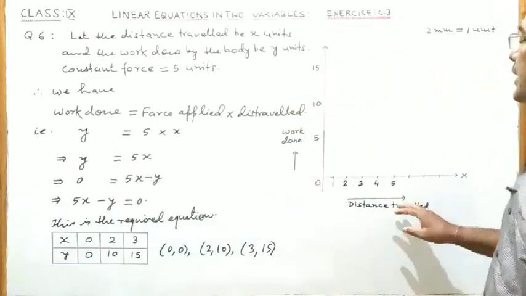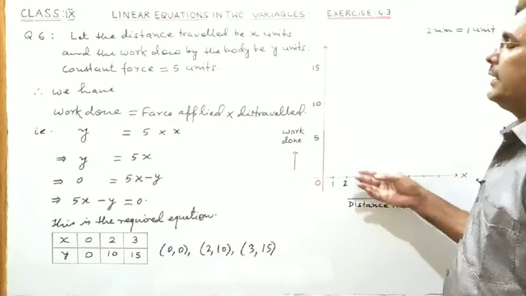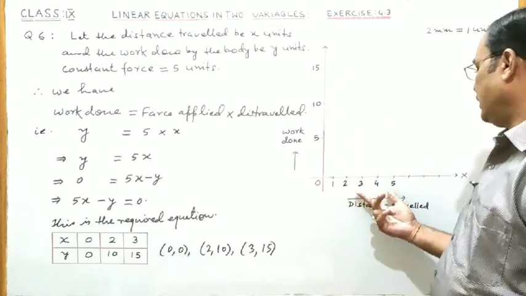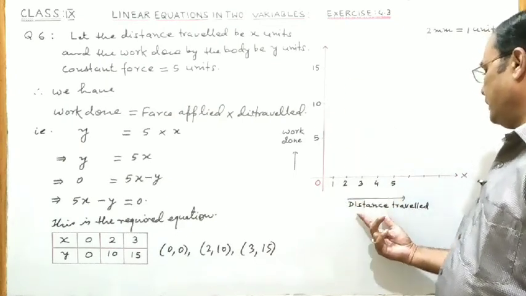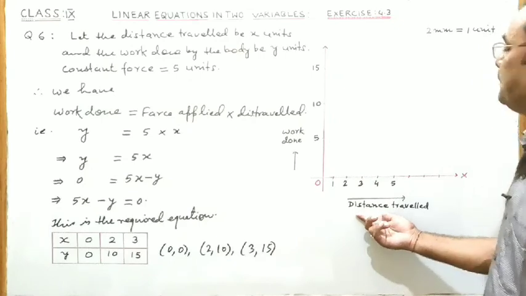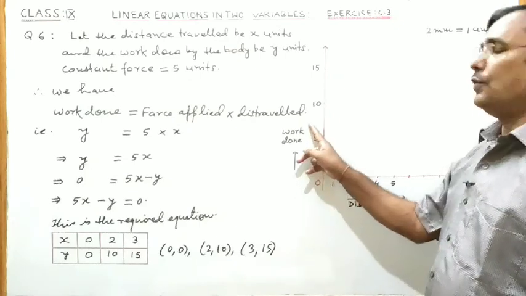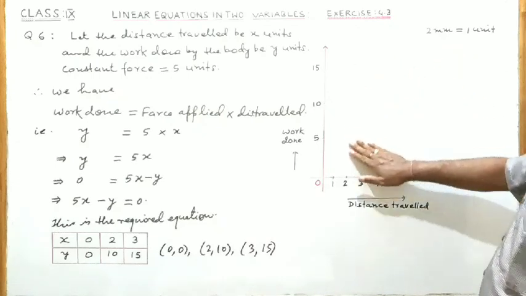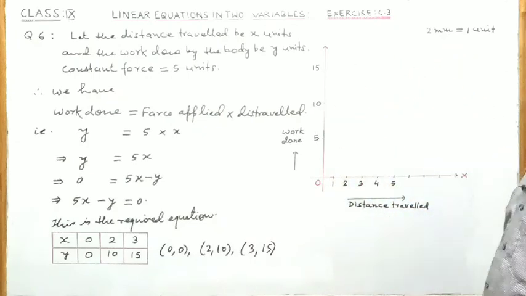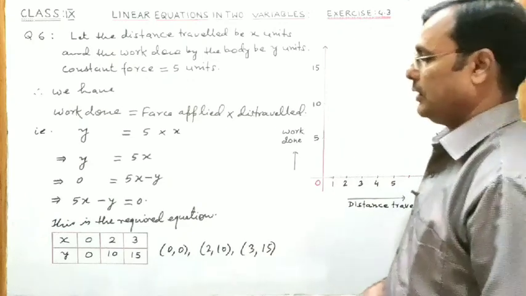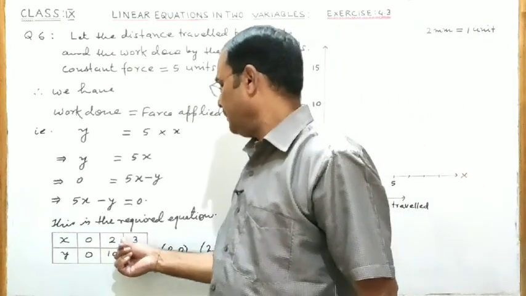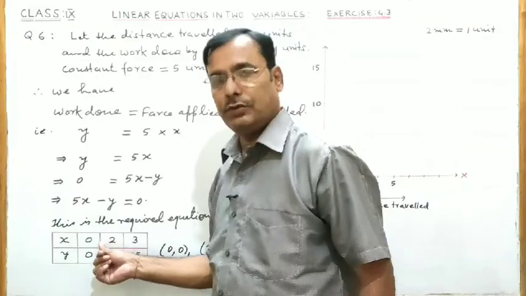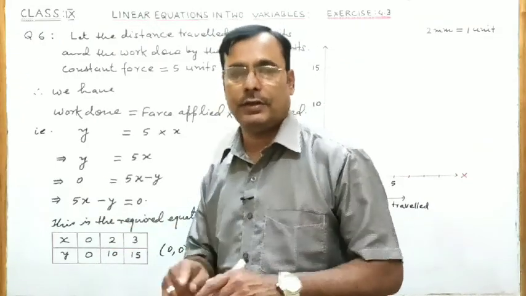So take a graph paper, draw coordinate axes, and on x-axis you denote distance travelled and on y-axis work done. Also you have to decide a scale on x-axis and also on y-axis depending on the data in the solution table and size of your graph paper.